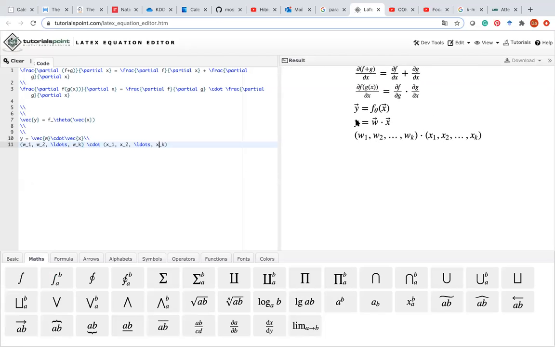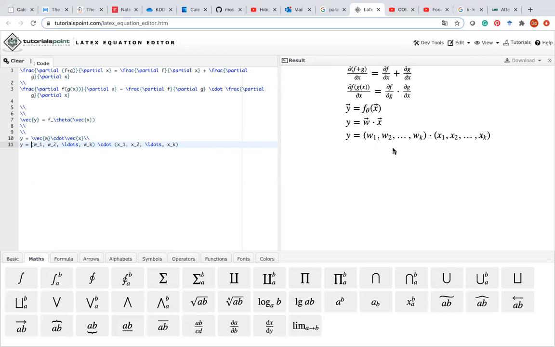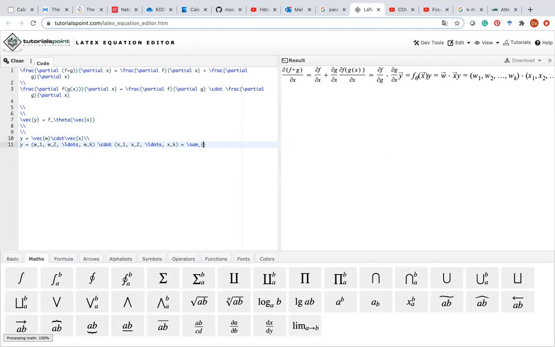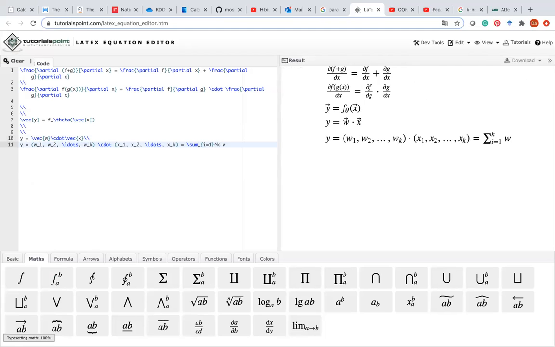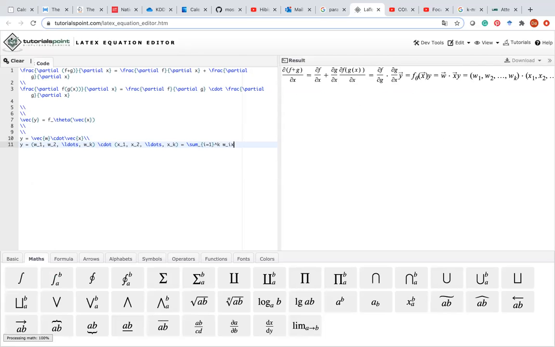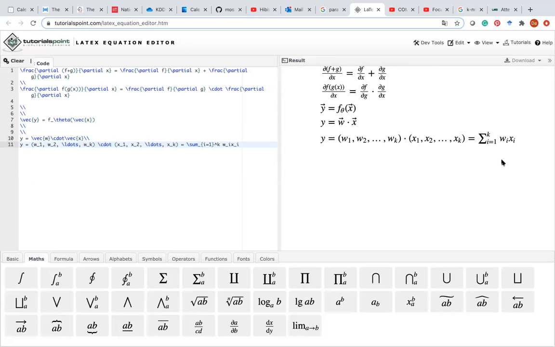So this is a linear function, right? If you have y equal to this, this is a linear function, because this dot product is equal to the sum from i equal to 1 to k of Wi xi.